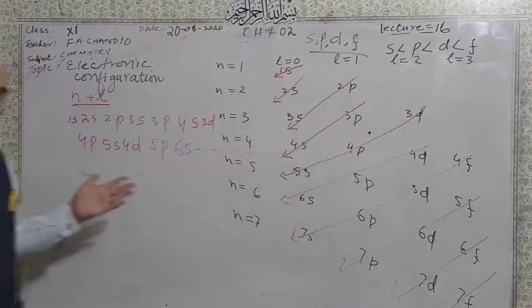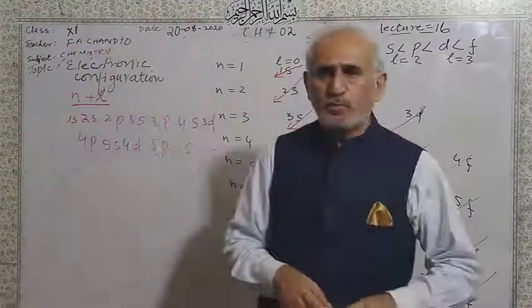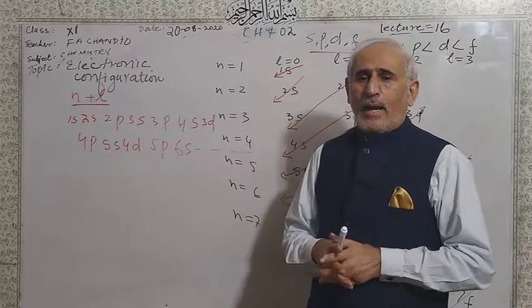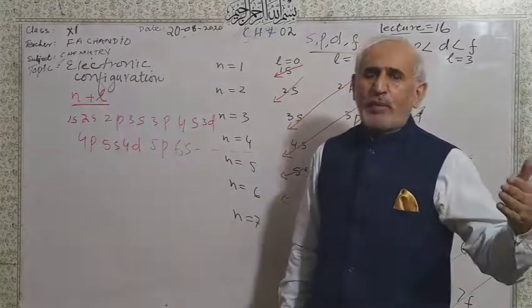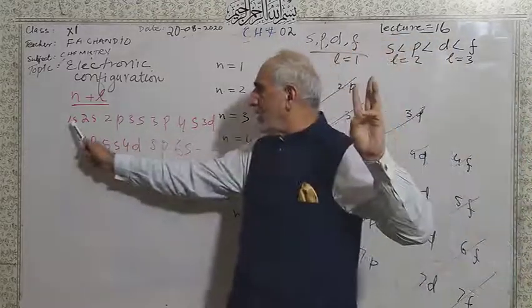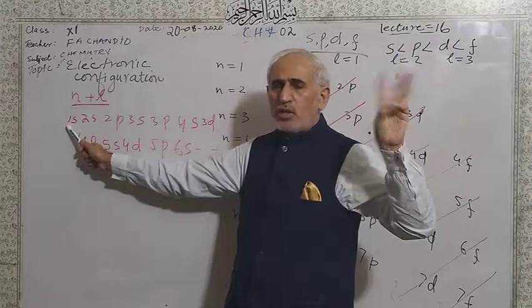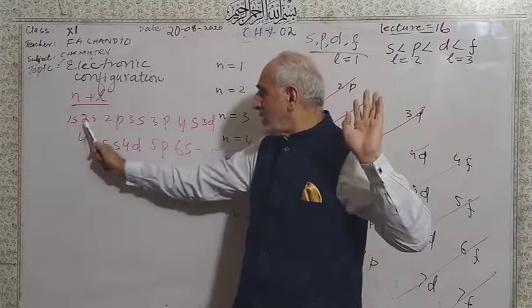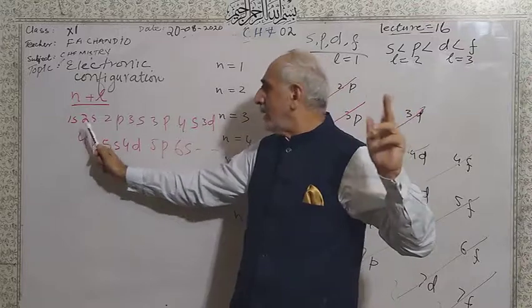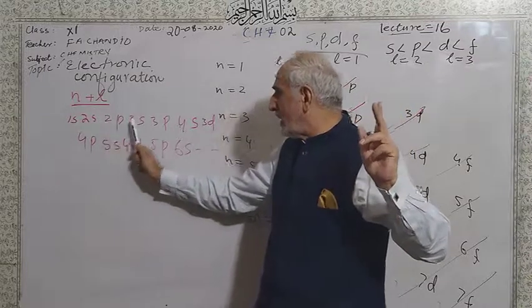Now students, there are some questions. If you see the Bohr's atomic model, this is the K shell, n is equal to 1. This is correct, okay. This is the 2, the L shell.